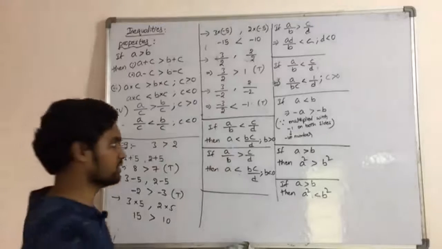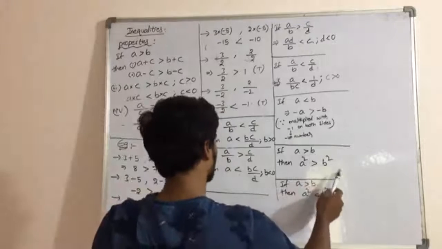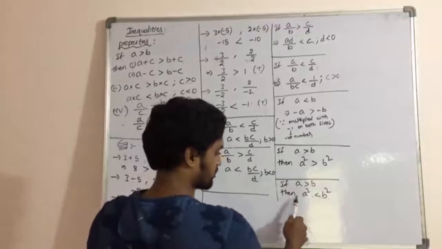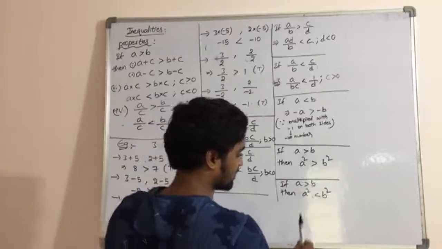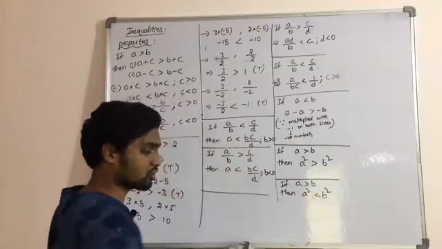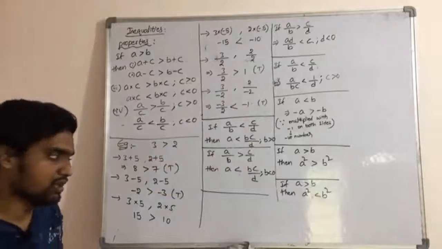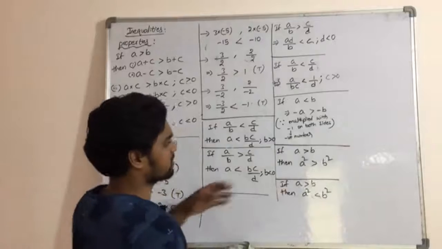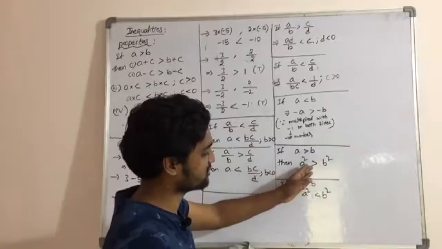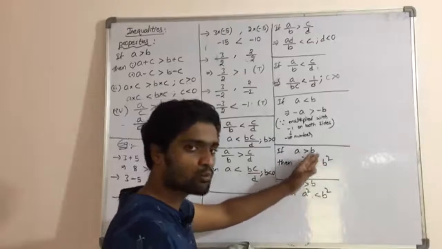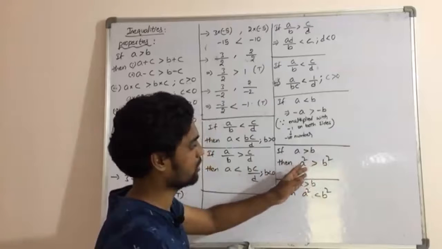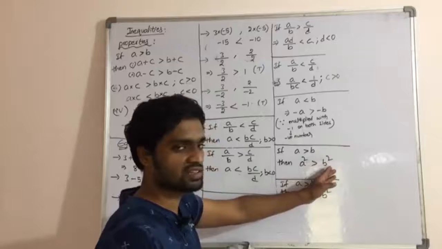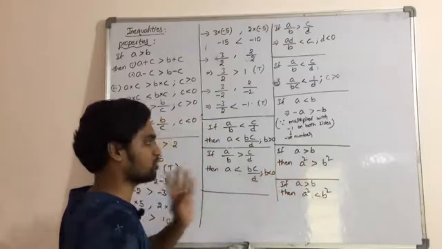I need the condition. Neither is always possible. There should be specific signs of A and B: only when both are positive this is possible, or only when both are negative this is possible, or only when one of them is positive and the other is negative this is possible. Otherwise, it is not possible.